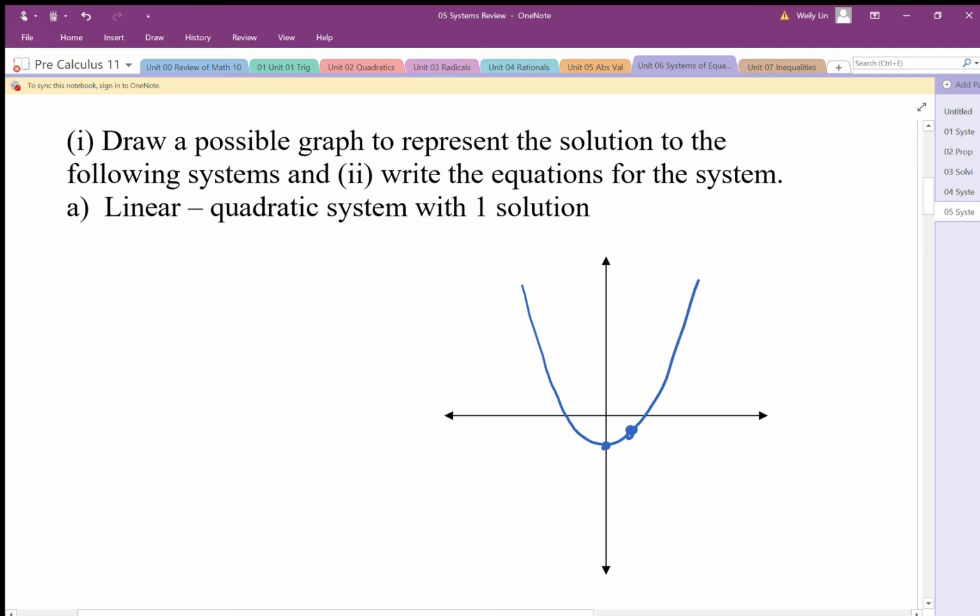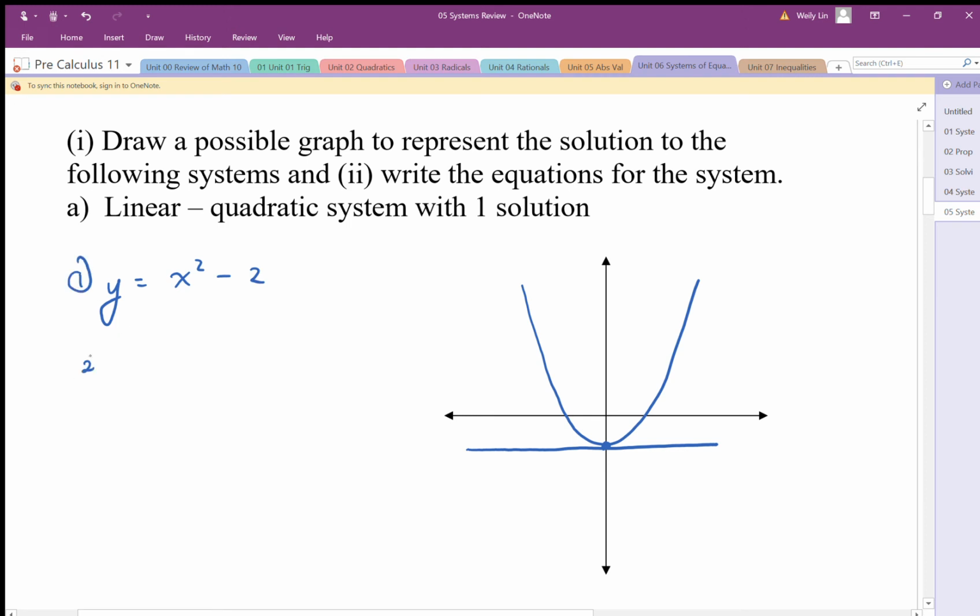Okay, now I'm going to set this up as a horizontal line, because where this line intersects this parabola is going to be easy to determine, because it occurs at the parabola's vertex. So there's my linear quadratic system with one solution, and I'll write an equation for this. So y equals, let's just say, x squared minus 2. That's one equation.